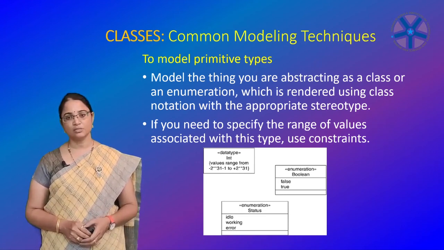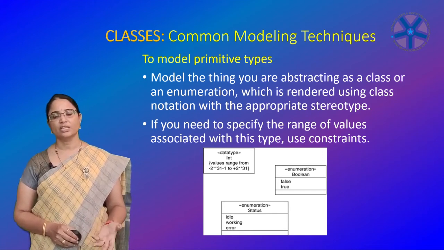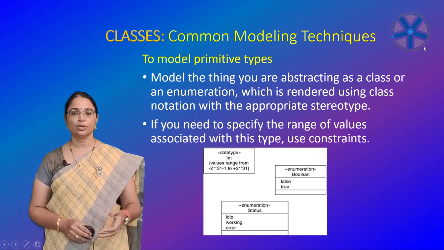An enumeration status means, if you consider any robot, whether it is idle, working or error, that you can show by using these primitive data types by specifying them as stereotypes. And the range of values you can specify as constraints. Some languages such as C and C++ let you set an integer value for an enumeration literal. You can model this in the UML by attaching a note to an enumeration literal as implementation guidance. Integer values are not needed for logical modeling.